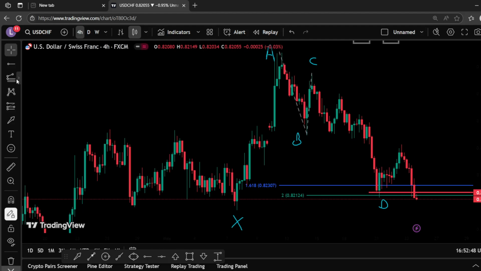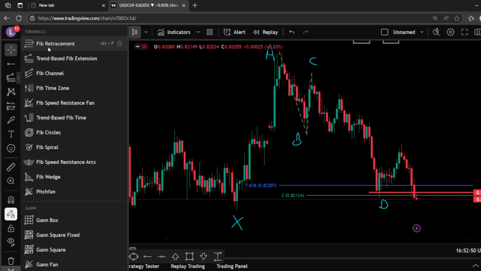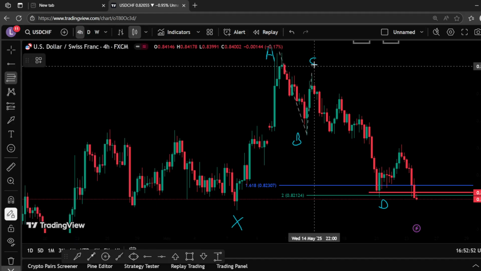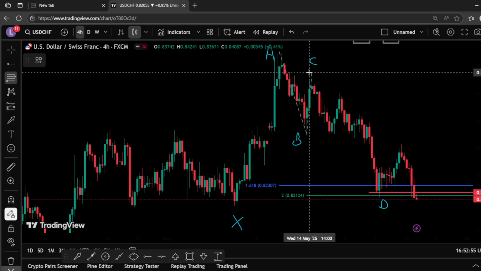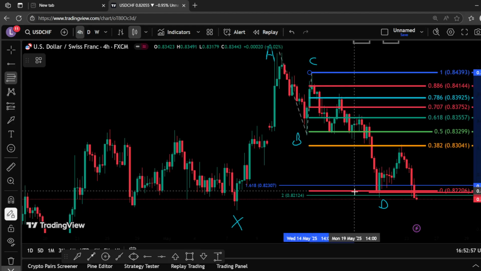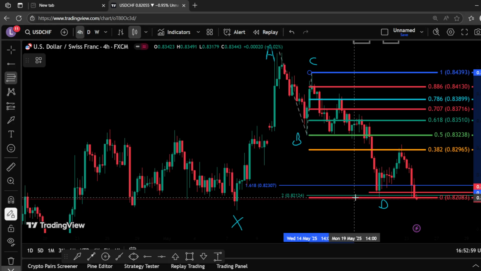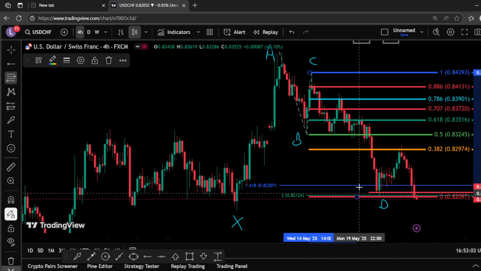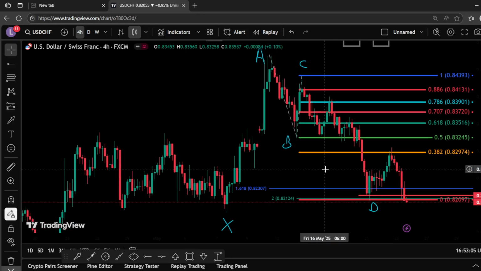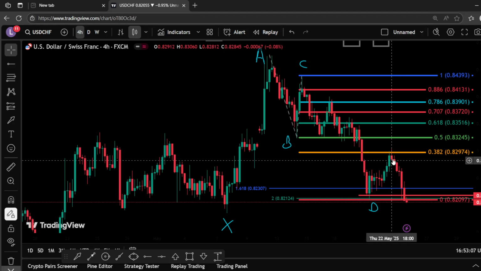Okay, so to take your profits, all you need to do is to take the fib retracement, measure from C to the bottom of the D leg. Okay, and then you take your first profit at 0.382.